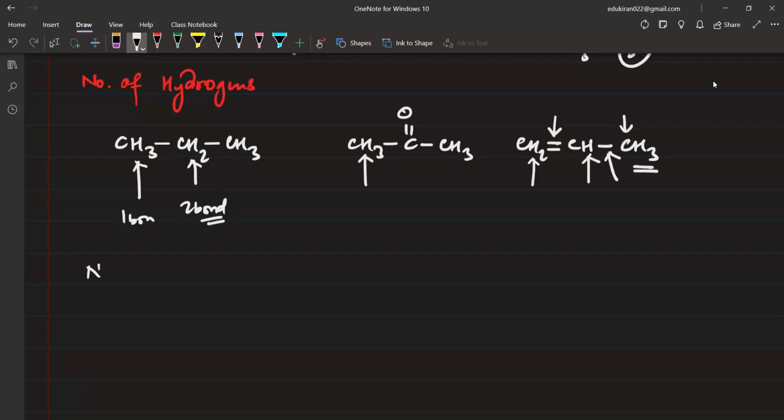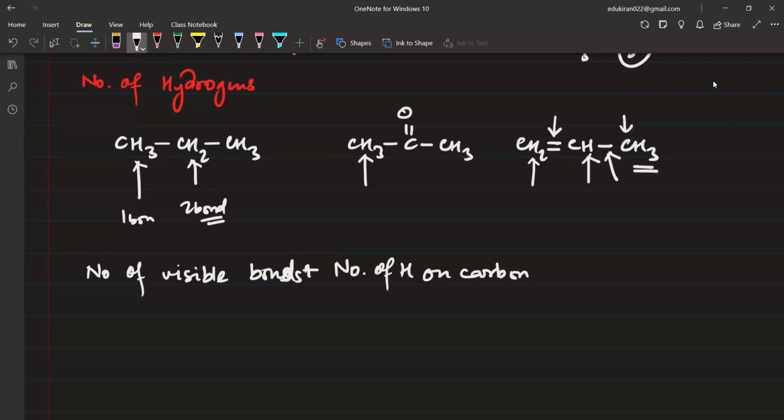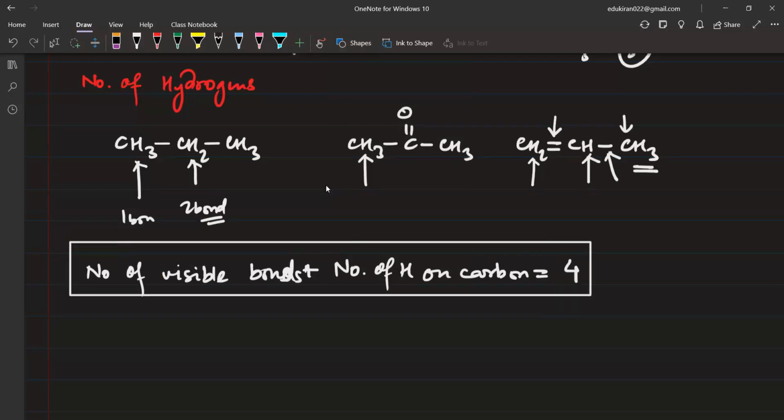Okay, so the number of visible bonds plus the number of hydrogens on carbon should be equal to how much? Should be equal to 4. Okay? So now you should not need to count; you should be able to just look and tell whether it is right or not.